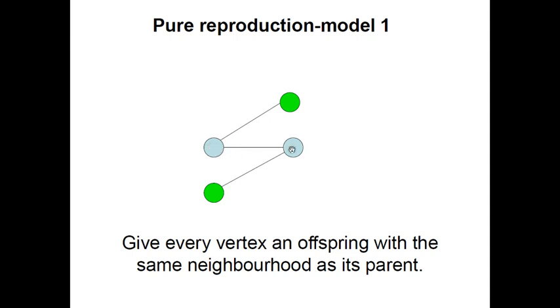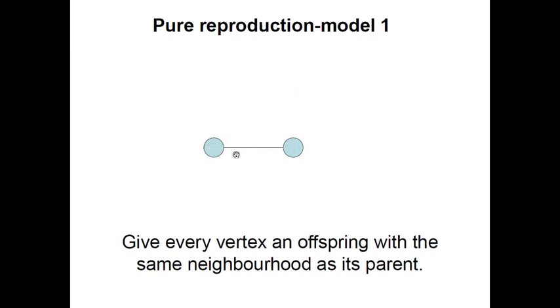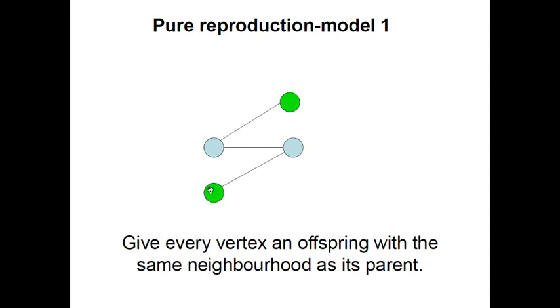So we look at each vertex, we look at the neighbors it has, so there's just 2 here, and we give each of those vertices a child, an offspring, simultaneously. So these green vertices here are the offspring. And the idea is that these offspring really inherit their parents' neighborhood. They are linked to the same things as their parents were linked to. So this would be the network on the second time step.